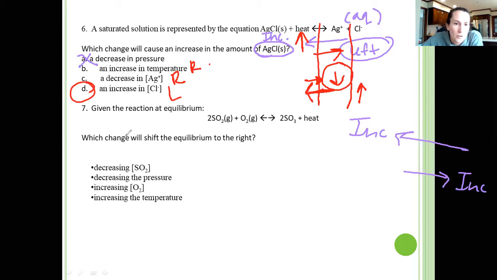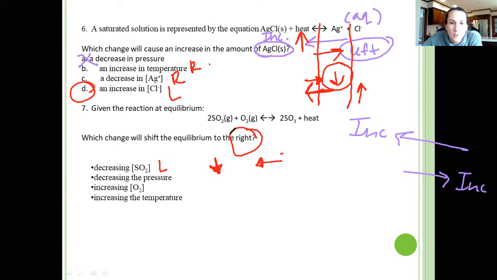7, which change will shift the equilibrium to the right? These are easier when they ask about just the straight up shifting in which direction. Okay, so in letter A, if I decrease SO2, the rule for decreasing is shifts towards the decrease. So since it's on the left, you have a left-hand shift.